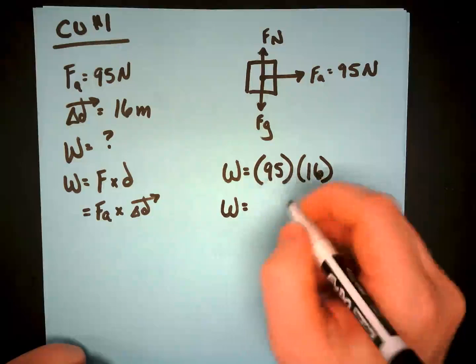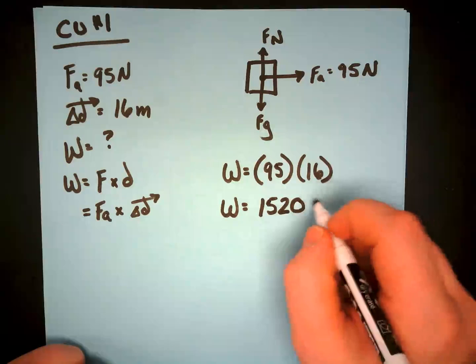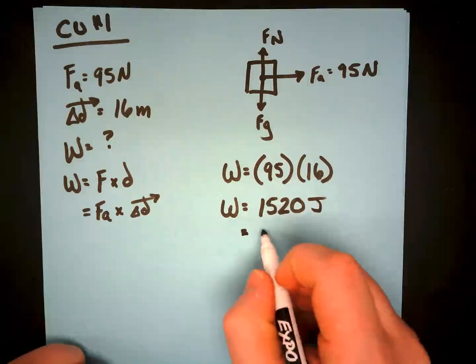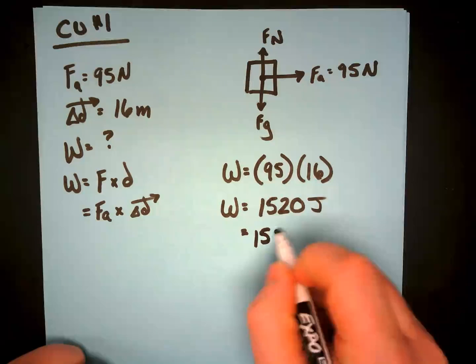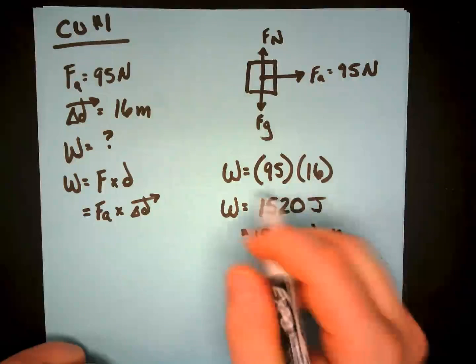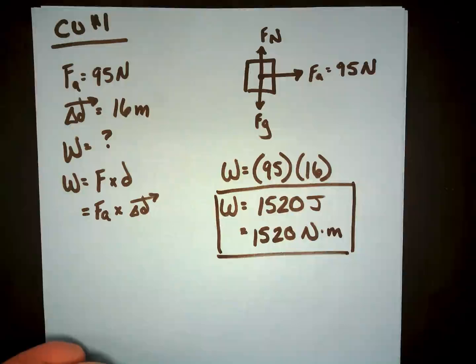What we should end up with is 1,520-ish joules of energy, or in other words, 1,520 Newton meters. And we have our answer. This one's pretty easy. The next one is still fairly easy, just not as straightforward.